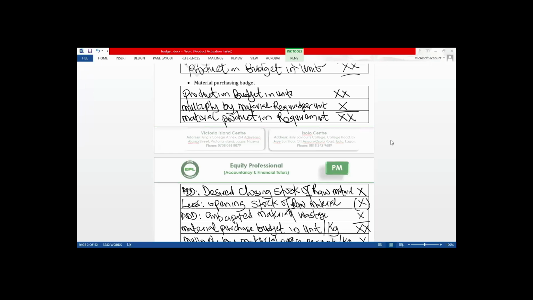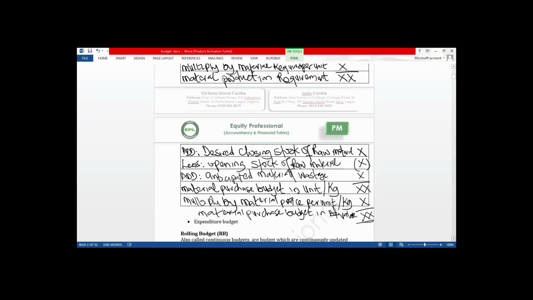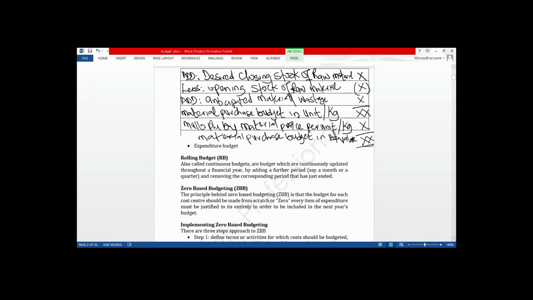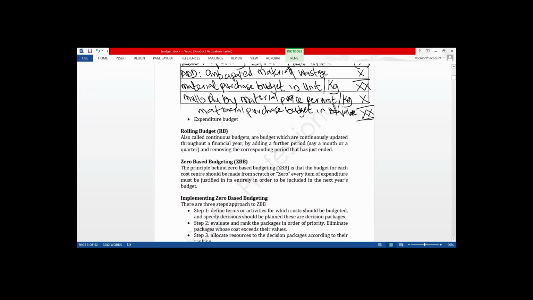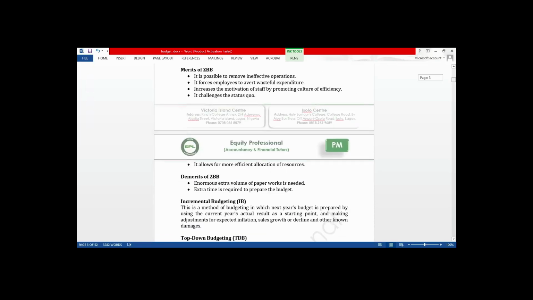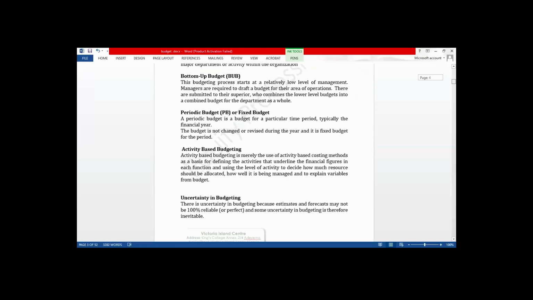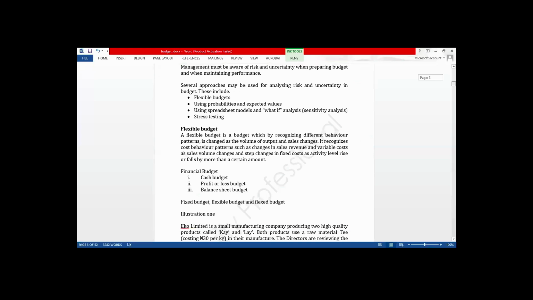So we have explained how to prepare functional budgets. The next explanation. These are types of budgets. You can always come back to this.